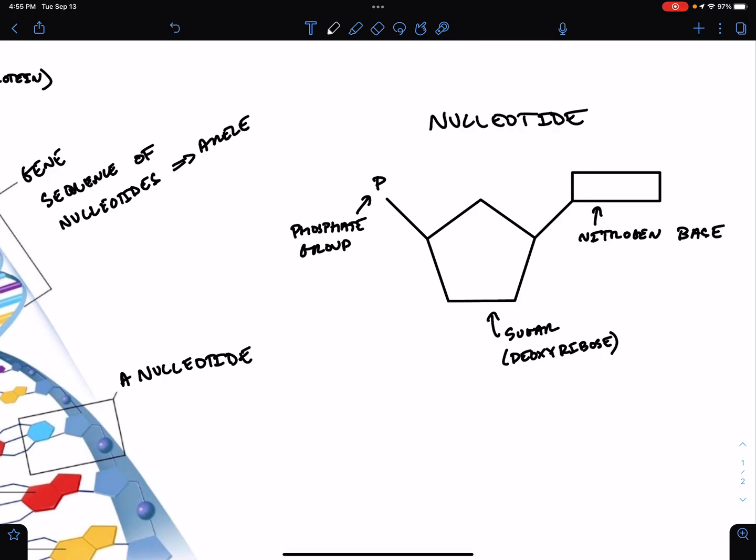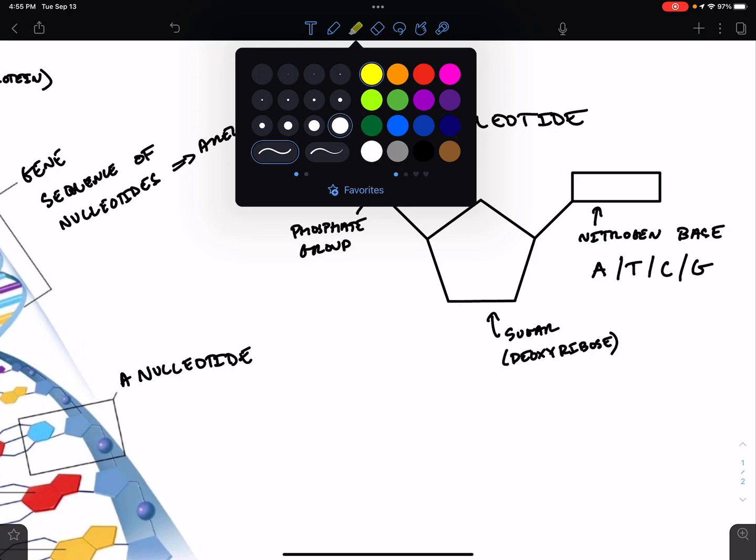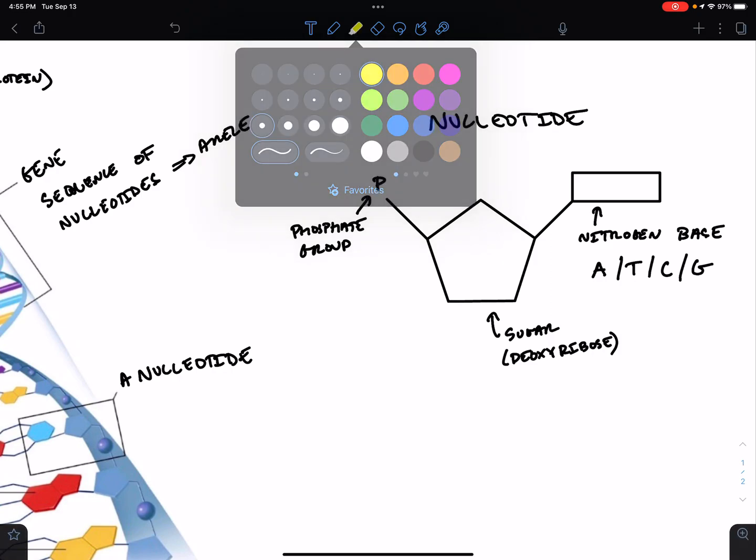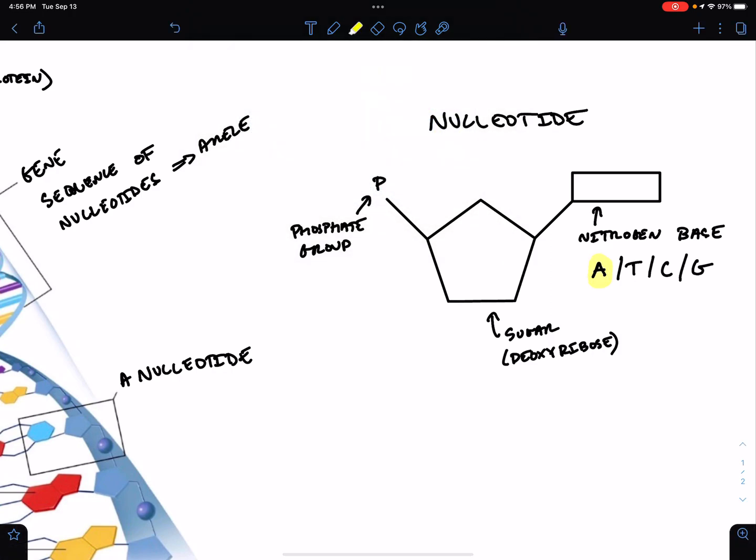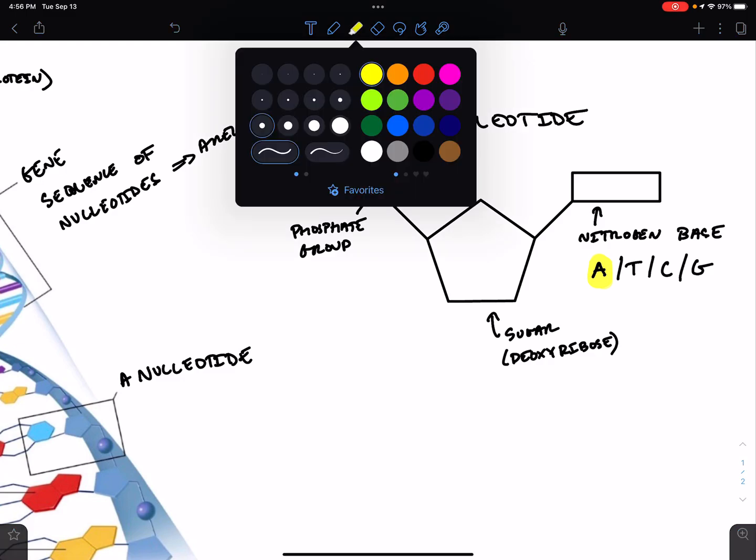The nitrogen base comes in 4 different flavors: adenine, thymine, cytosine, and guanine. And I'm going to color them here, specific colors. Color your A, your adenine, yellow. Your thymine, purple.